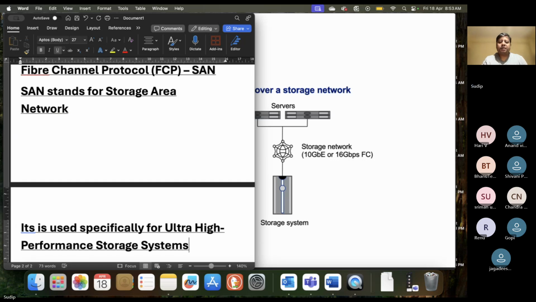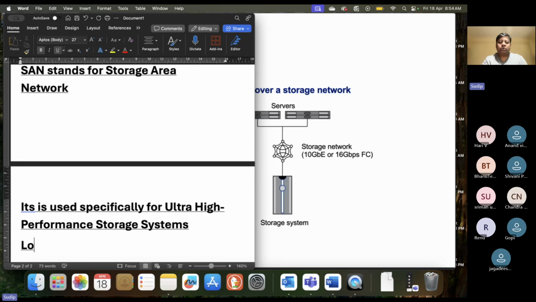And one characteristic of an ultra high performance storage system is something called low latency. Now, what exactly is latency? Latency literally means delay. Now, what is this delay? We are introducing a new term here.